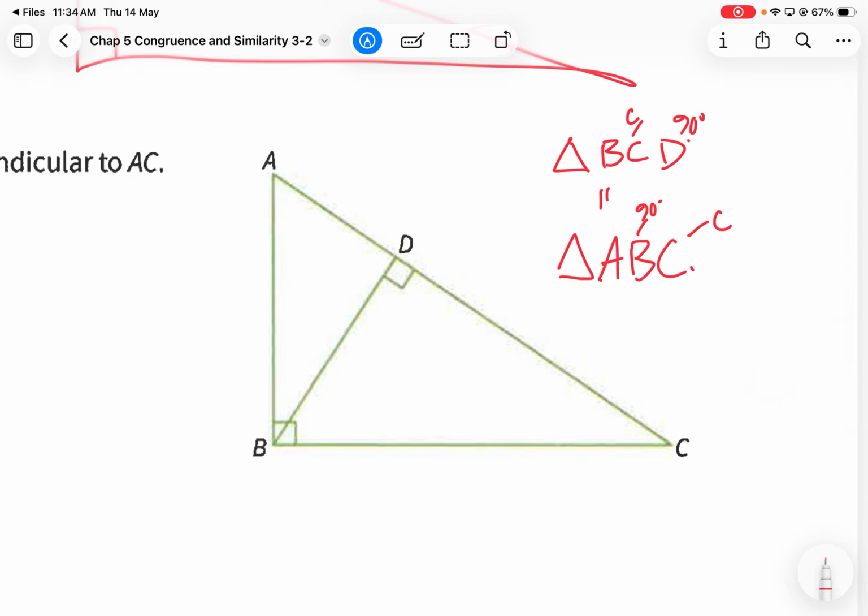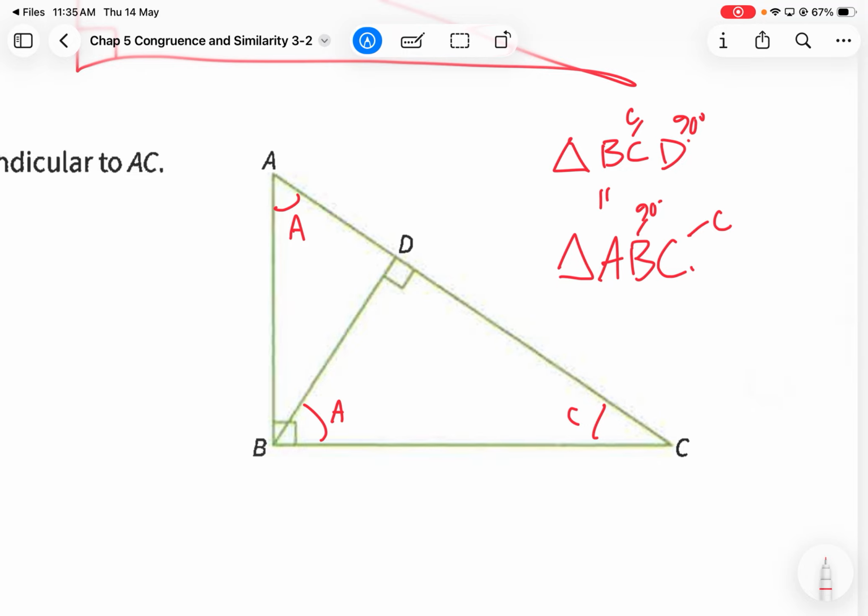In the small one it is also angle C. In the big one it is also angle C. When I call this angle C, then in a triangle, angle A now equals 180 minus 90 minus C. Angle B is also 180 minus 90 minus C. So angle A and angle B also are the same. Meaning, this angle is the same as this angle.